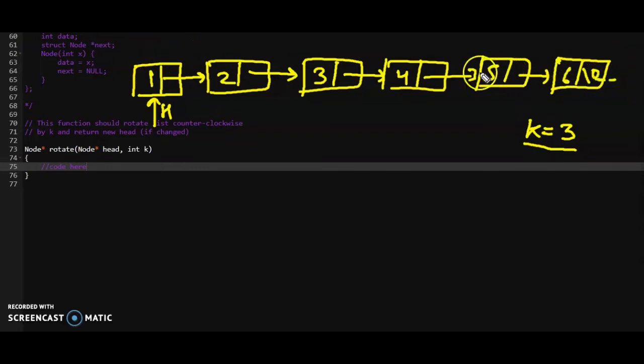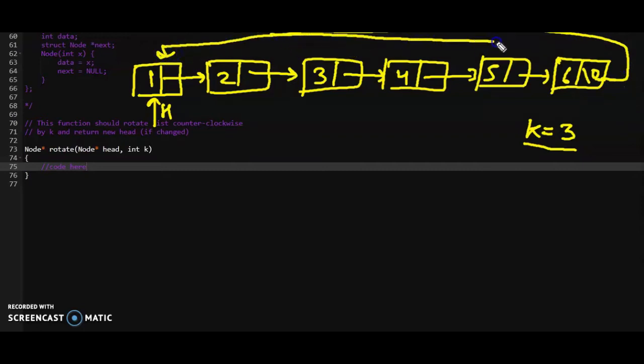It will look like this: we are pointing 6 to 1. It means whenever we start from here, after 6 there will be 1, 2 and 3. Now we have to make node 4 the head, and the next of 3 should be null.